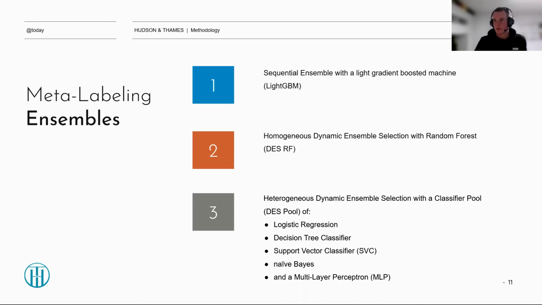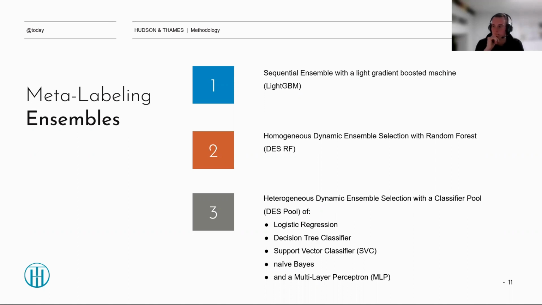And the 3 different ensemble frameworks that we used are, first, a sequential ensemble with a light gradient boosting machine. Second, a homogeneous dynamic ensemble selection with a random forest. And third, a heterogeneous dynamic ensemble with a classifier pool.